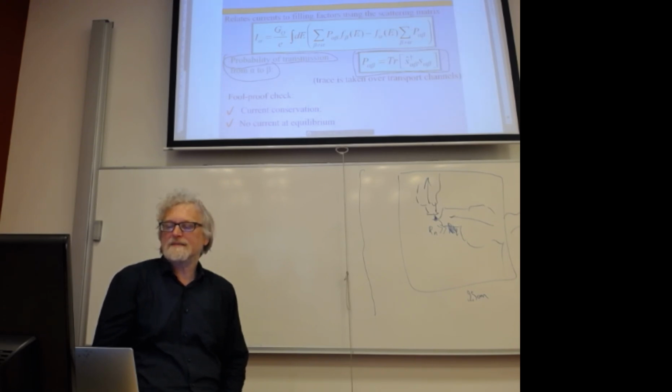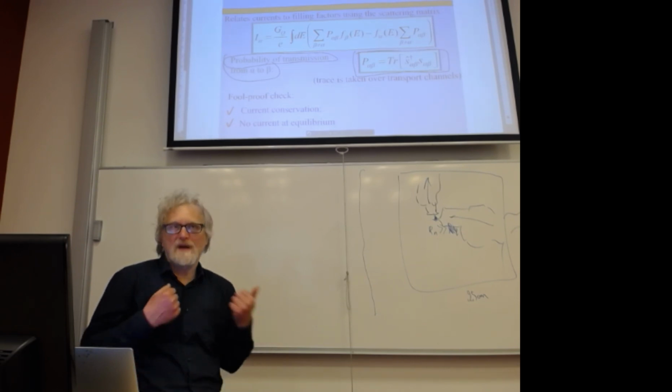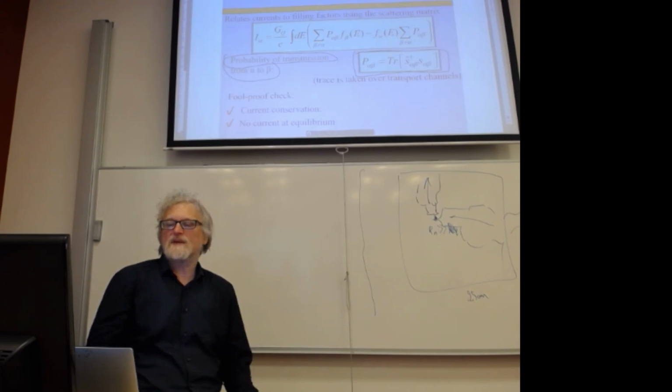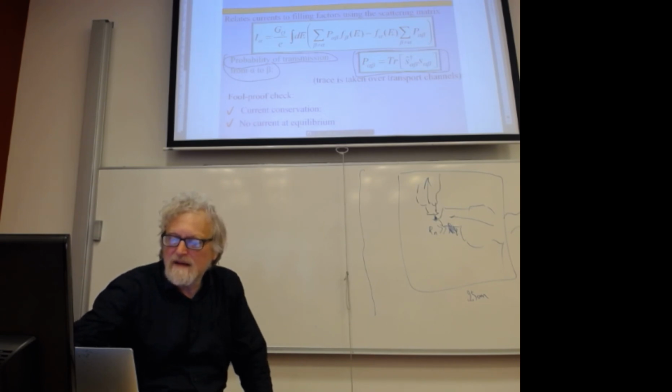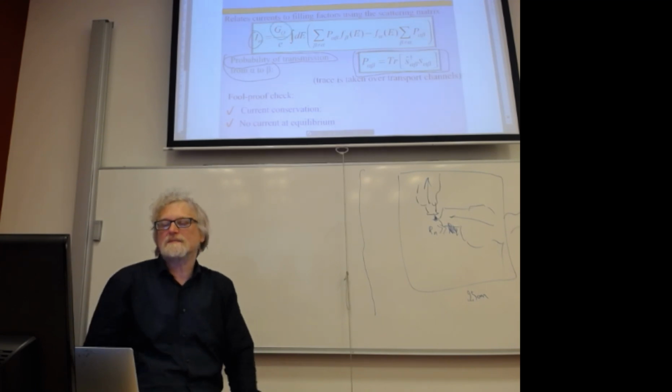All right. Then our formula is expressed in terms of these probabilities. It has very similar structure to what we discussed. So it's current in terminal alpha. We found our central quantity of quantum transport, conductance quantum.